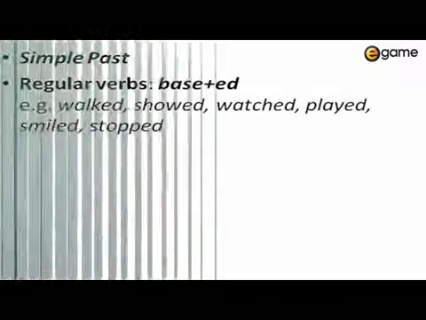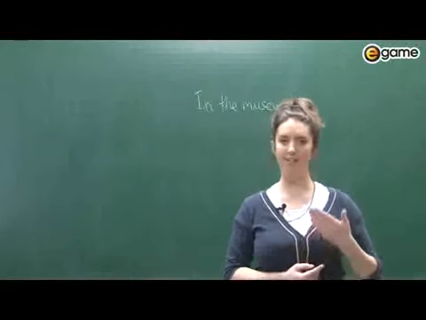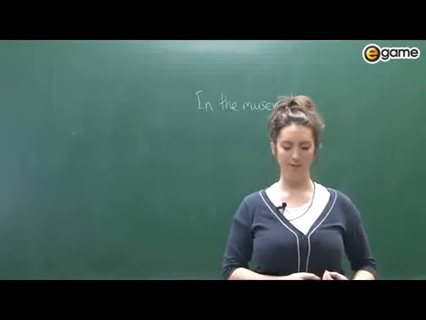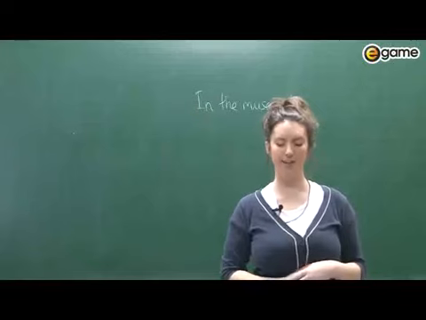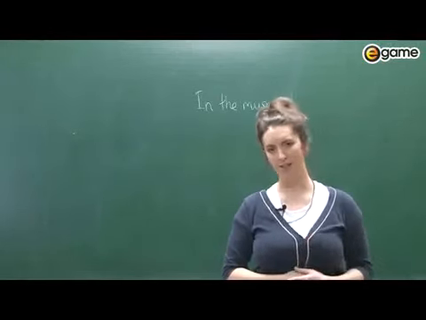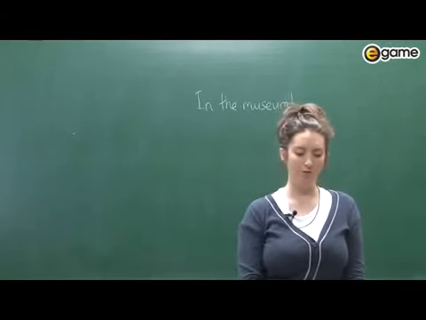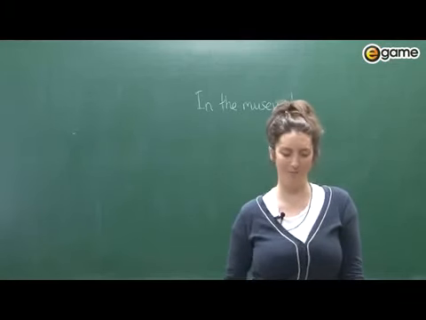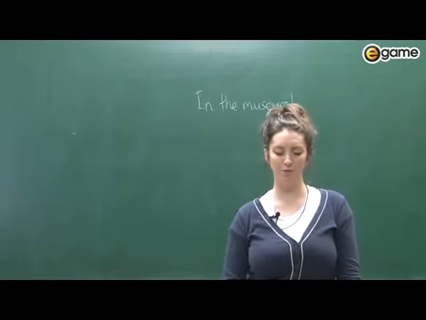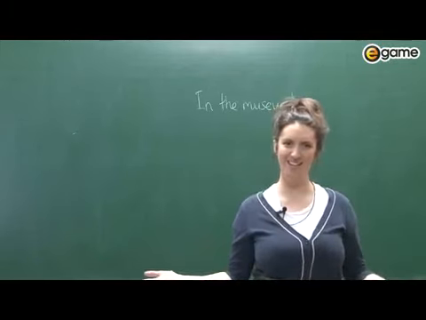Okay, so you can see the verb is in its base form and we just add an ed. Sometimes we double the consonant, like stopped. There's 2 P's there. And of course there are many irregular verbs which you can discover, but we're not going to look at today. So the simple rule for simple past, base verb plus ed.